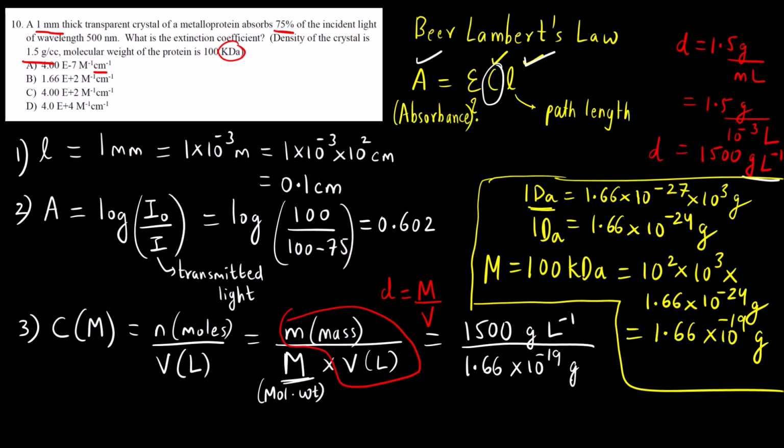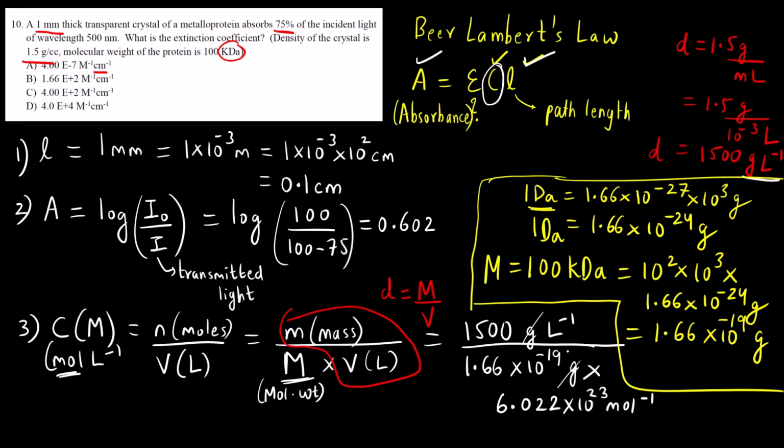Okay, now there is one more problem. What is the unit for molarity? It is mole per liter. Now gram will get cancelled, but we don't have the term for mole. We want mole in the numerator. So what you have to do is multiply the denominator by the Avogadro number, that is 6.022 into 10 raised to 23 mole inverse.